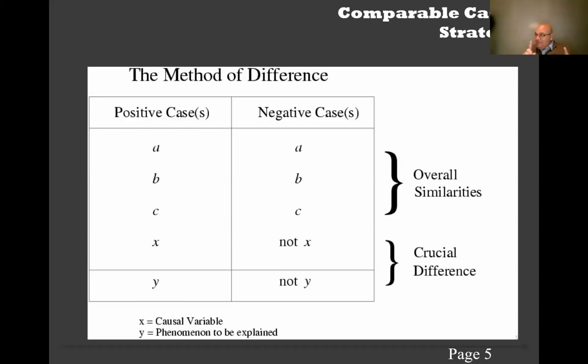Okay. This is the method of similarities. The method of difference is also called most similar systems design. Don't forget it. It's very confusing, but it's very critical. Most similar systems design.